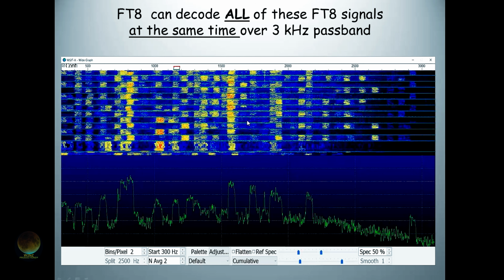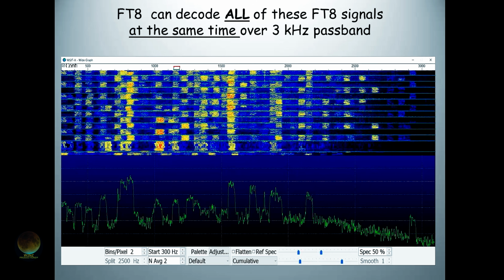This is amazing, too. This is on which band? I think 20 meters. I'm not sure. But here's a 3 kilohertz audio passband. Everything here is a different tone, and I could hear it in speakers or headphones. What's amazing is FT8 can decode not 1, not 2, all of them at once. How does it do that?